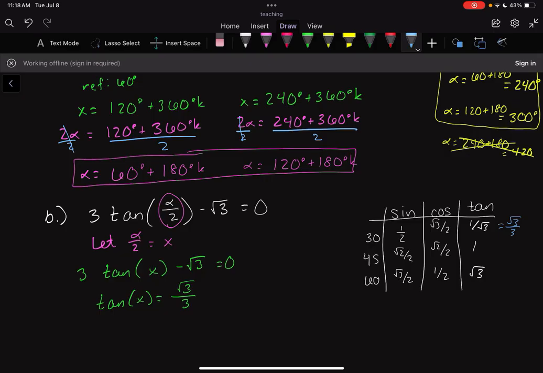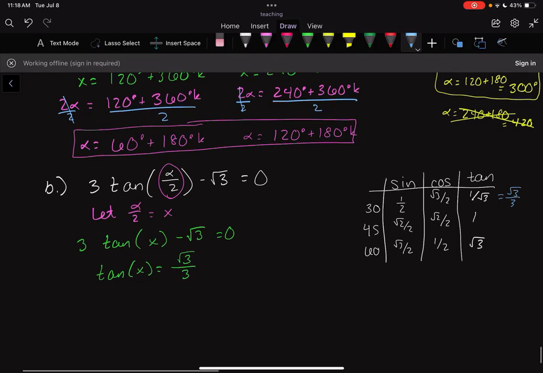So for this one, we would go ahead and we would get x equals... My reference here is 30, and tangent is going to be positive in quadrant 1 and quadrant 3. Now remember, for tangent, you actually only need one of the answers.